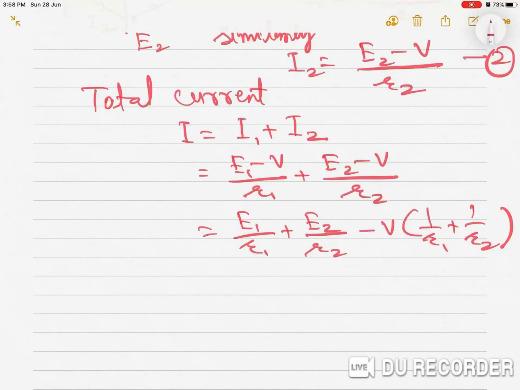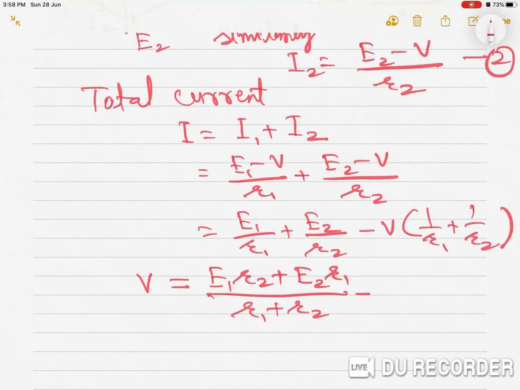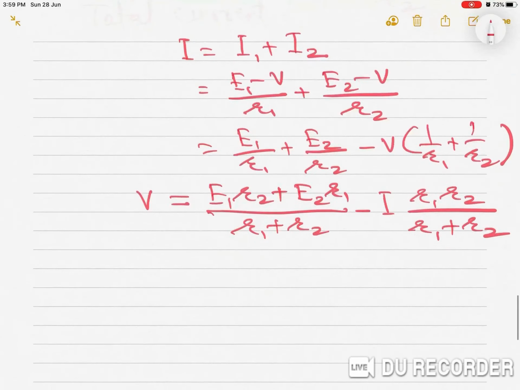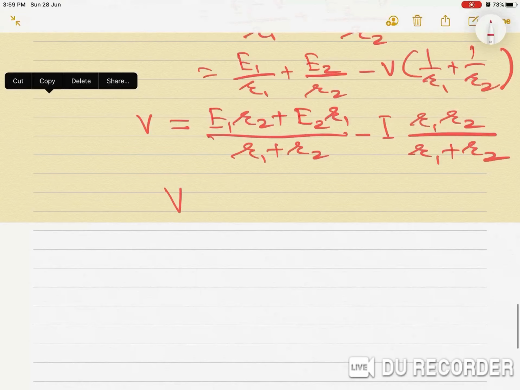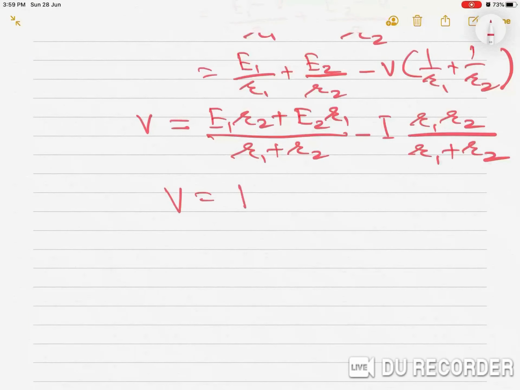So, if we adjust this equation, we will find V is equal to E1 r2 plus E2 r1 upon r1 plus r2 minus I r1 r2 upon r1 plus r2. Now, V equivalent is equal to E equivalent minus I r equivalent.